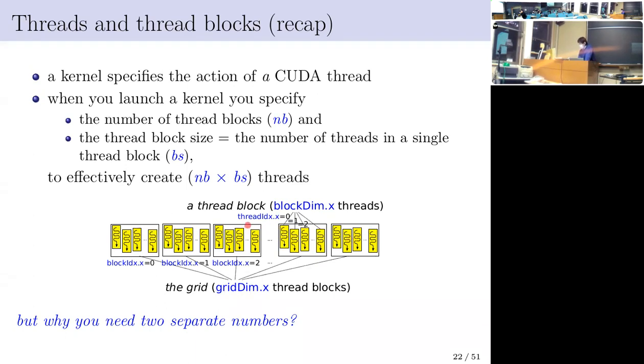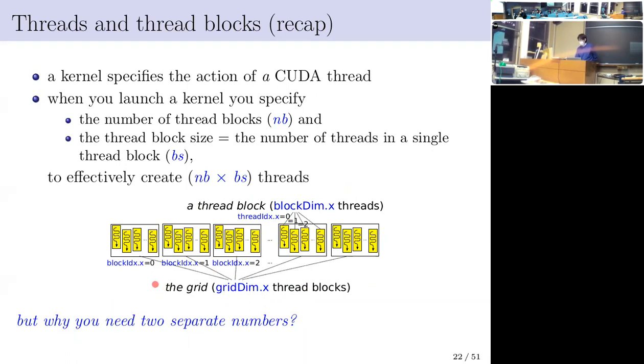And I explained how you can know the rank of the thread within a single thread block and the rank of your thread block in the entire grid, just like thread index or block index, each assigning a unique number to each thread block and each thread in a single block.